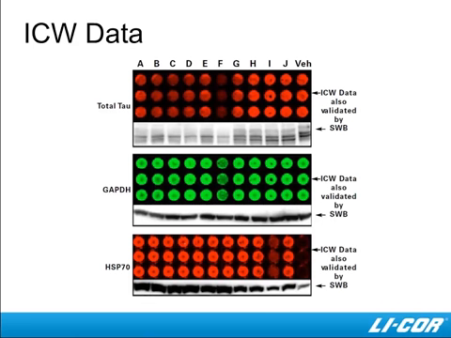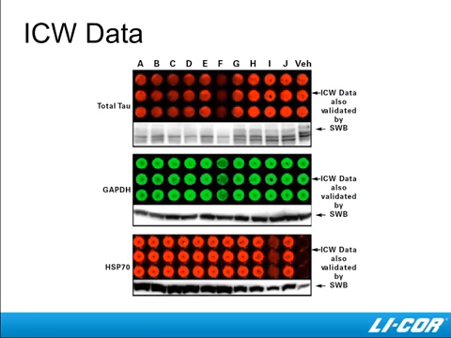Now, again, using Odyssey software and Image Studio software, we can quantify these results and plot them. And so what I'm showing here is tau and GAPDH. Tau in black, GAPDH in gray. And again, what we can see is that these different compounds, A through J, had different effects on tau levels.